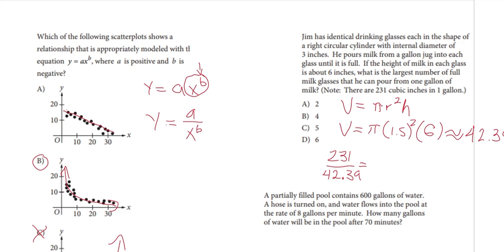And this is going to tell us the number of glasses that we can fill up. So 231 divided by 42.39 is going to equal 5.4. And so therefore the answer is approximately 5.